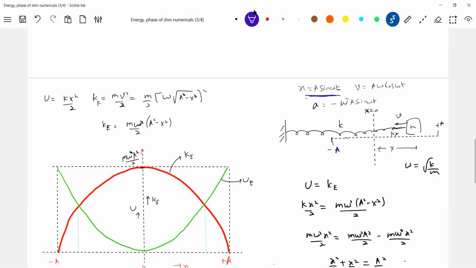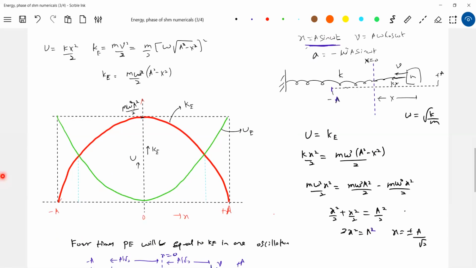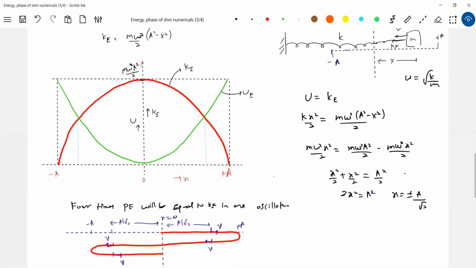Why don't you write cos omega t? Why only sine omega t? From where you start counting the time will determine the equation of SHM. So for that, the next topic will be the phase of SHM.